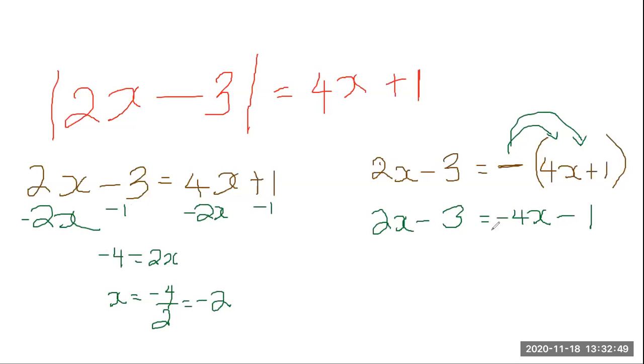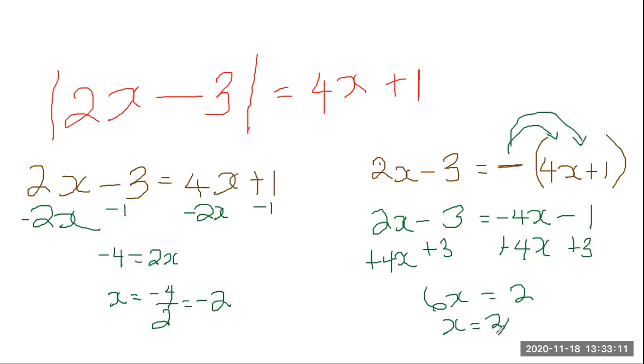And with this one, I'm going to move my 4x to the other side, right? It's just easier. And then I'm going to move my plus 3 to the other side. So then 6x is equal to 2. So x is equal to 2 over 6, or I could say 1 over 3.